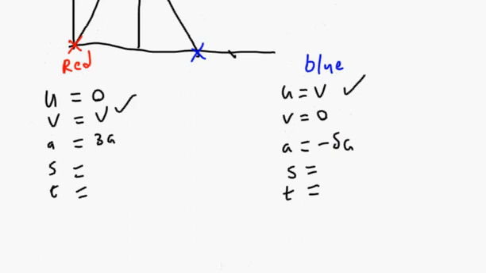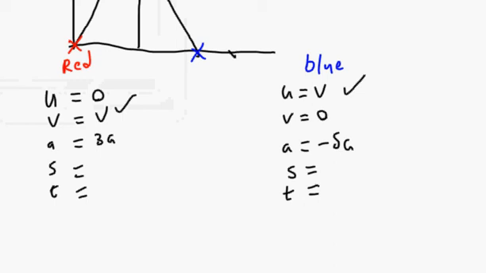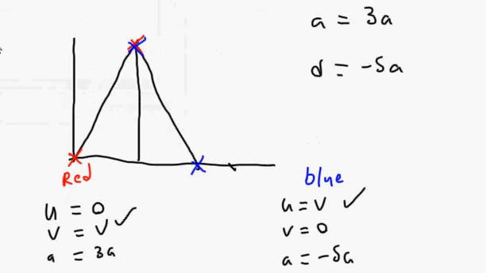Okay. For these types of questions, because there are no intermediate points, what you should do is make up a total time T, okay? And T is going to be divided up into t1 and t2, okay?